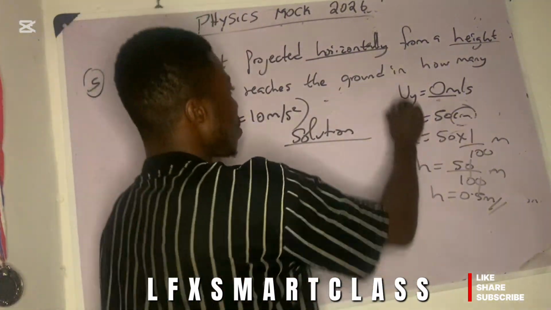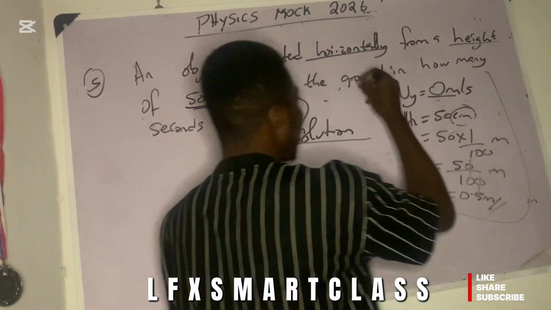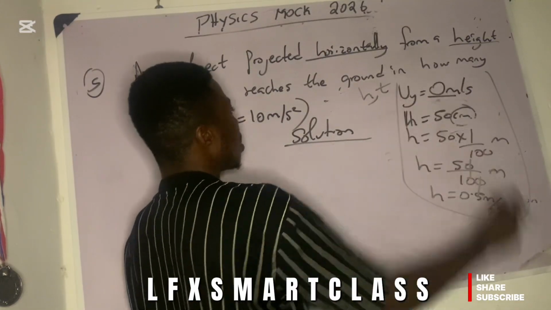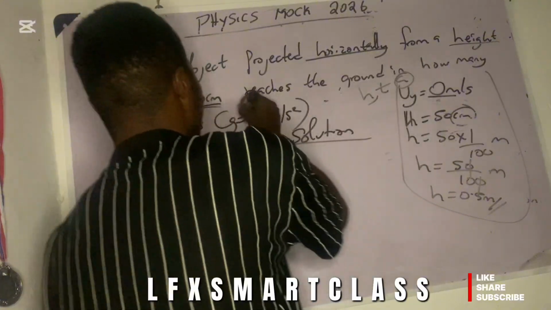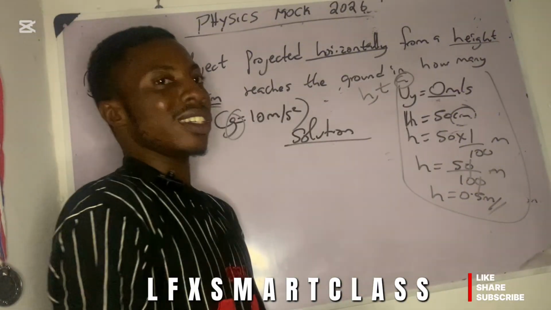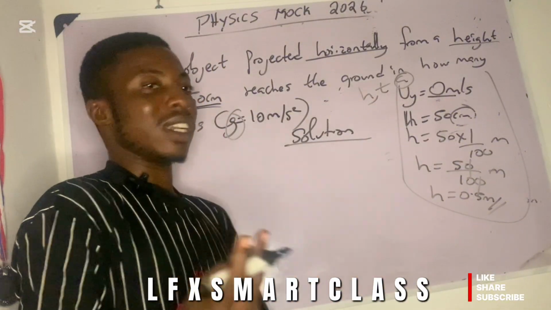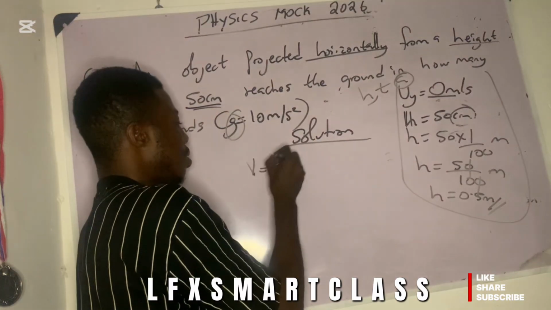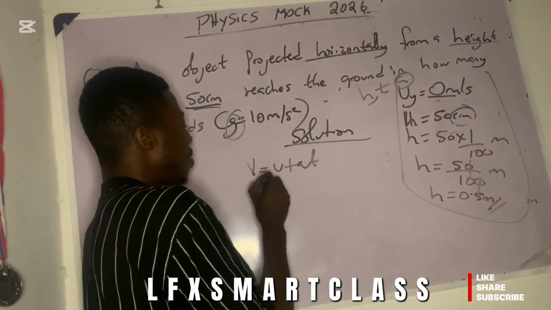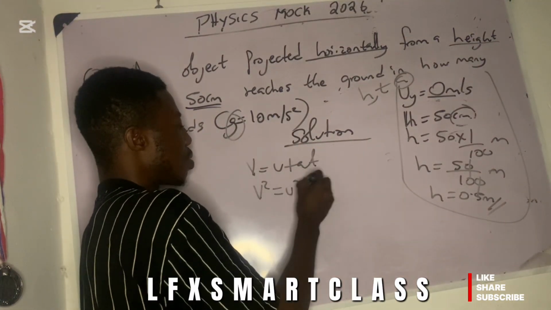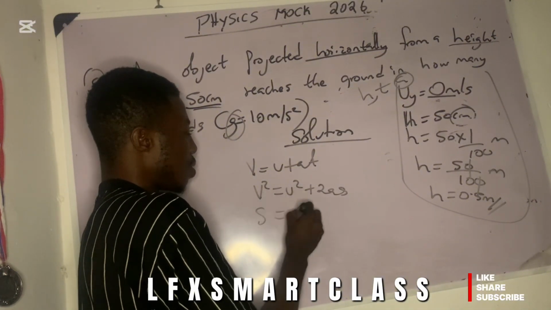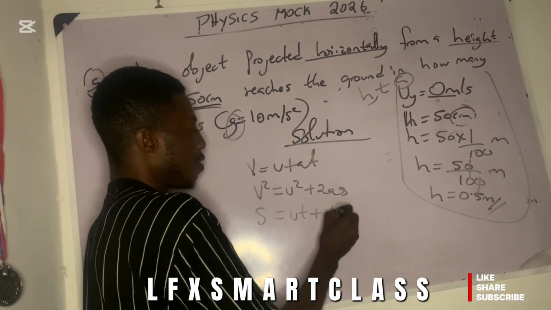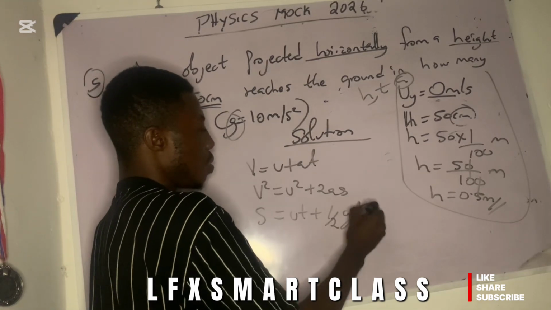Having this, we will now find a formula that connects h, t, and also acceleration due to gravity. The equations of motion, remember there are 3. We have v is equal to u plus at. We have v squared is equal to u squared plus 2as. We have s is equal to ut plus half gt squared.